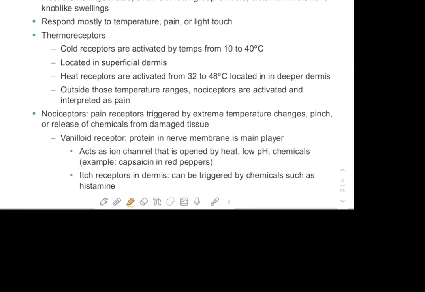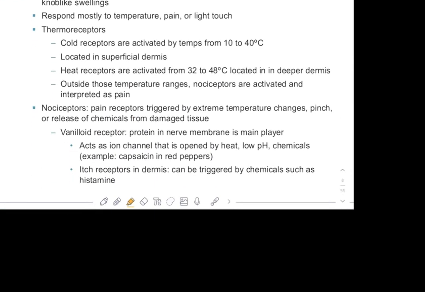So non-encapsulated ones are going to be abundant in the epithelia and the connective tissues. Most of them are non-myelinated, so they don't have the lipid surrounding the fibers to insulate them, so the signals travel slowly down the nerve. So we classify them as small diameter group C fibers.